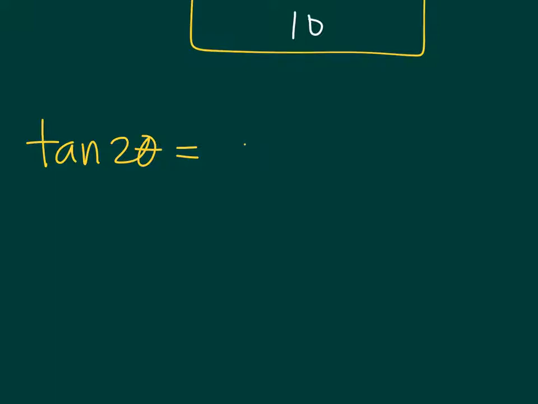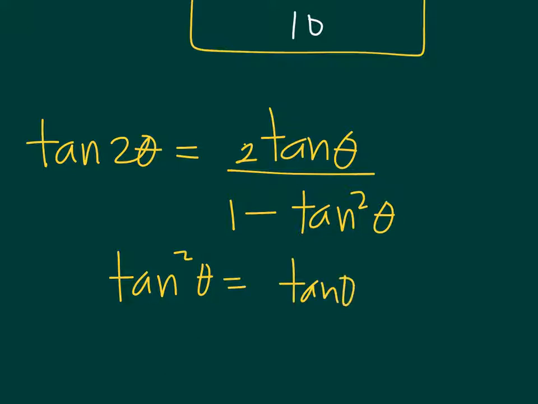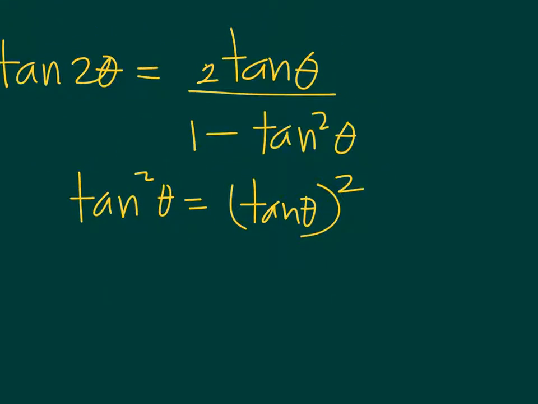Double angle tangent of 2 theta ay 2 tangent theta over 1 minus tangent squared theta. Pag sinabing tangent squared, ibig sabihin yan, yung tangent theta mo na naka-square. May value na ba tayo ng tangent theta? Wala pa, pero we can find the value.